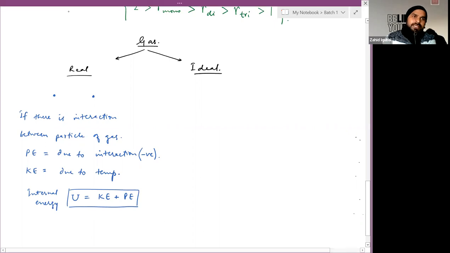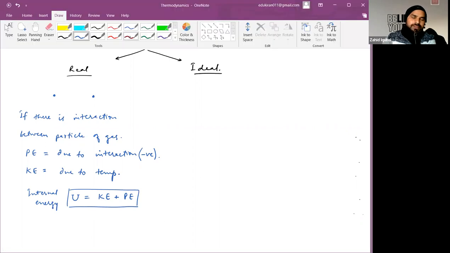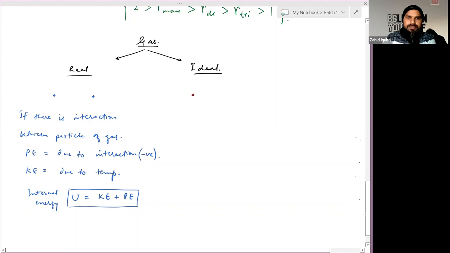Now, in the case of an ideal gas, we assume there is no interaction between particles, which means each particle exists independently.